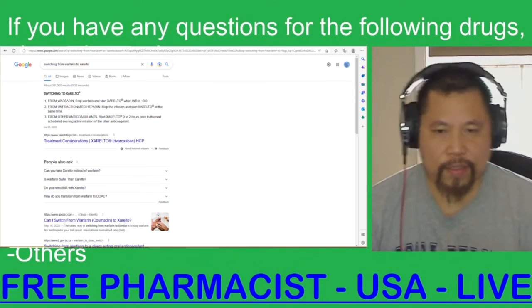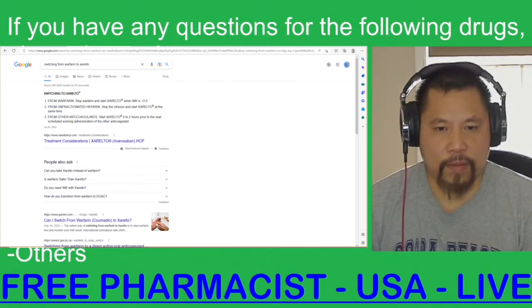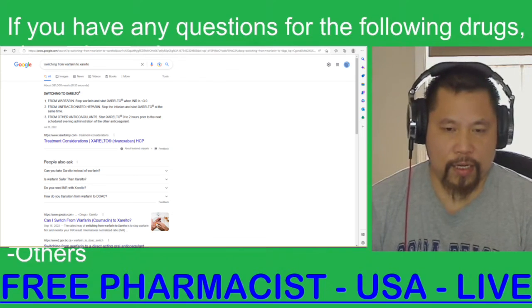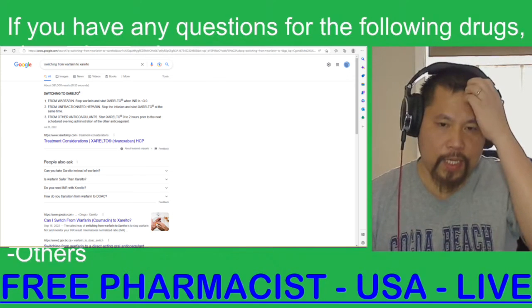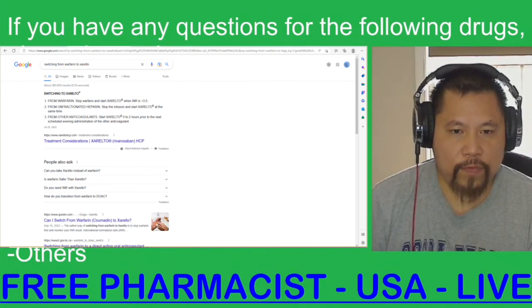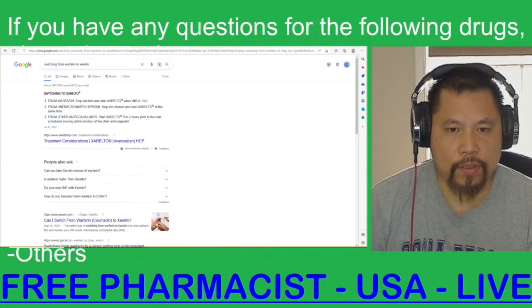If it's above 4, I have to have the patient recheck the INR. That's how I switch from warfarin to Xarelto.